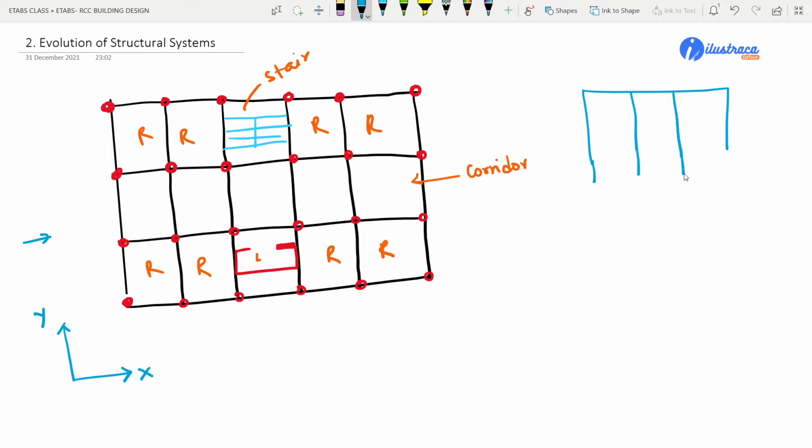Suppose it is G plus 3, so G, 1, 2, 3. This is the elevation of the structure from this direction. From the other direction we see 6 columns.